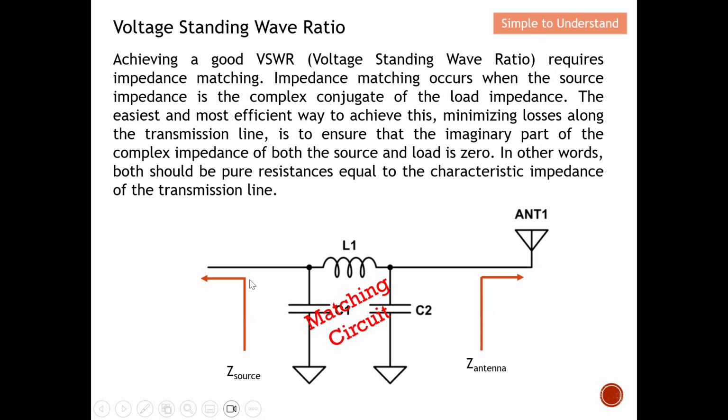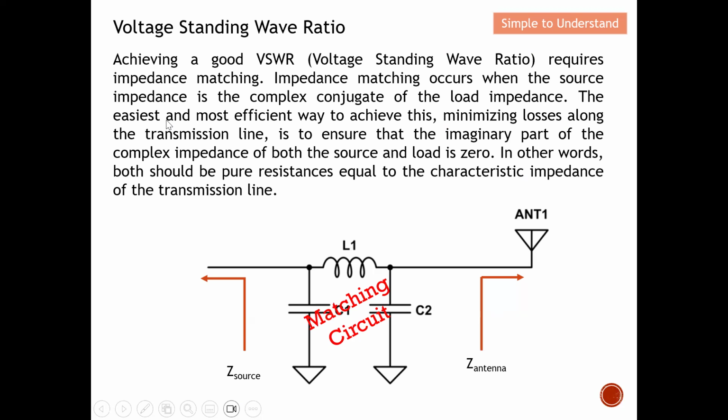So in order to remove the imaginary part, we need to have a complex conjugate. When the source and the load have this complex conjugate relationship, I will only be left with the real number.